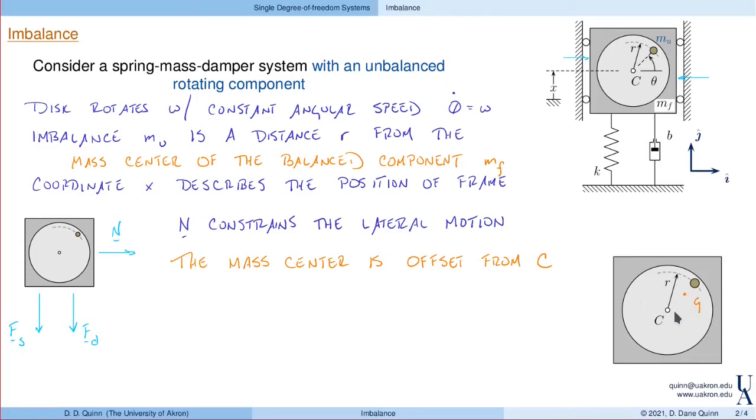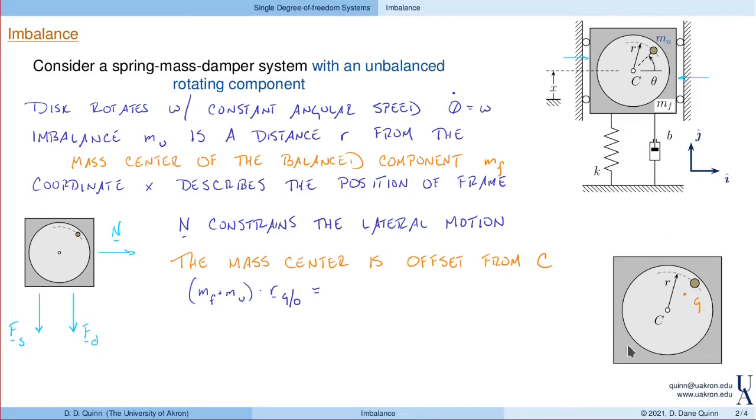In general, the position of G with respect to O can be determined in the following way. It's the total mass of the system, so that's going to be the mass of the frame plus the mass of the imbalance, times the position of G with respect to some point O, and here I'm not going to specify O yet, so that has to be equal to mass times position for all of the individual parts.